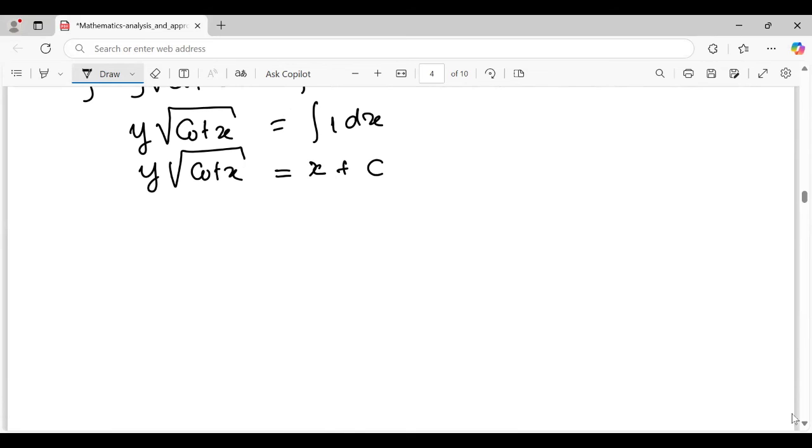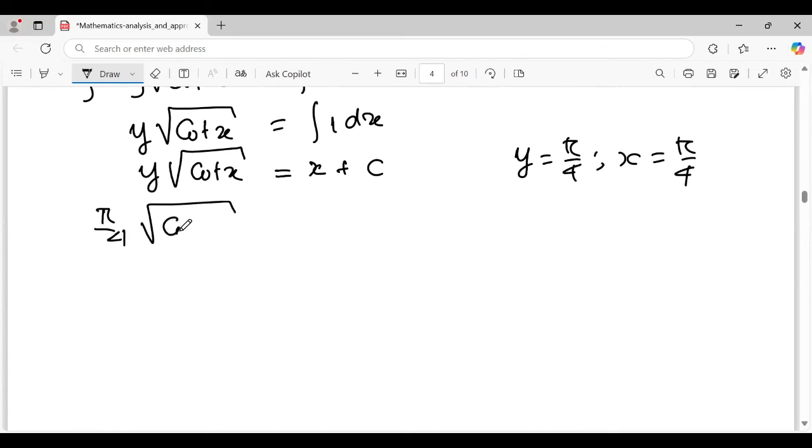Now I'm going to substitute y equals pi over 4 and x equals pi over 4 into this equation. This equation becomes pi over 4 times square root cotangent pi over 4 equals pi over 4 plus c.